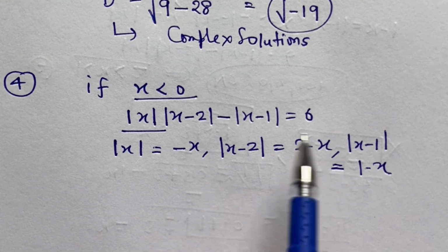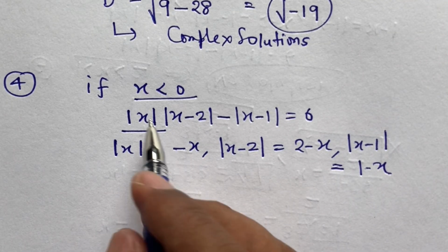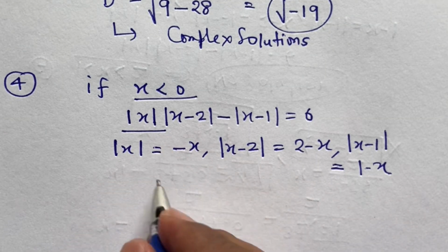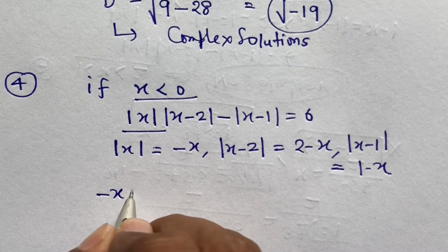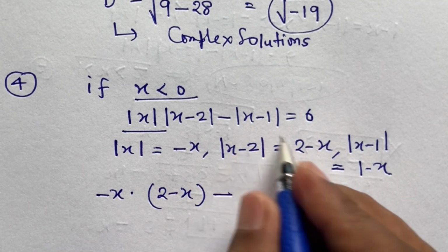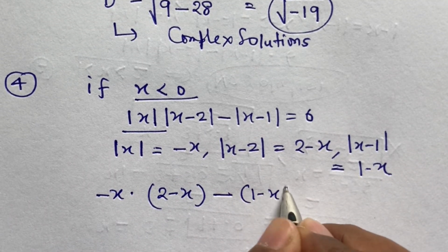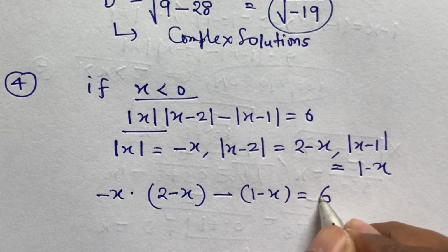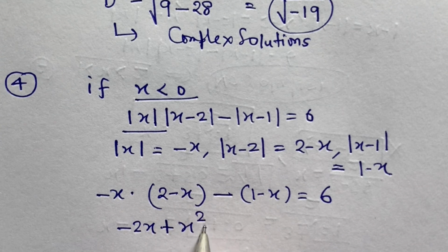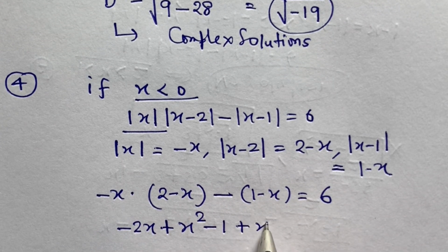So now our equation is again going to change to negative of x times (2 minus x) minus (1 minus x) equals 6. This will be negative of 2x plus x square minus 1 plus x.